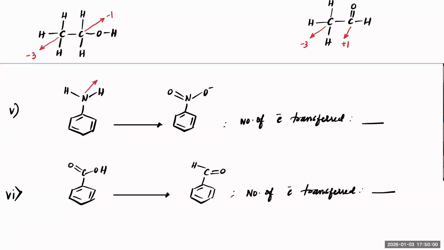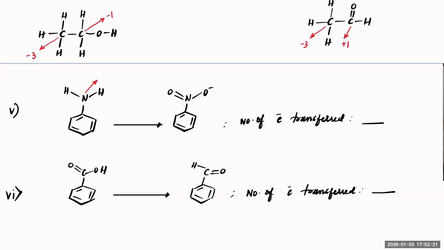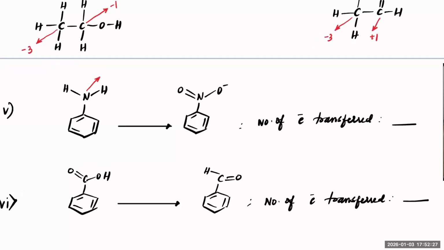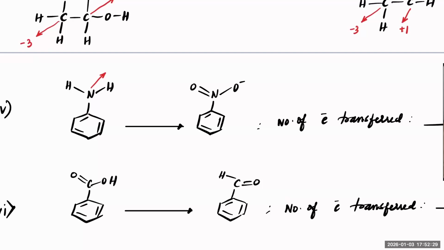For the first one, 8 electrons are lost, and for the second one, 2 electrons. So what is the oxidation state on nitrogen here? See, the nitrogen with minus: -3. Yes, very good. And what about here? +5.